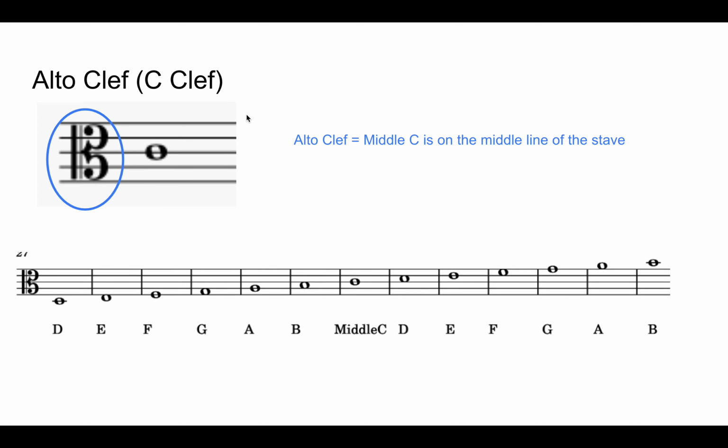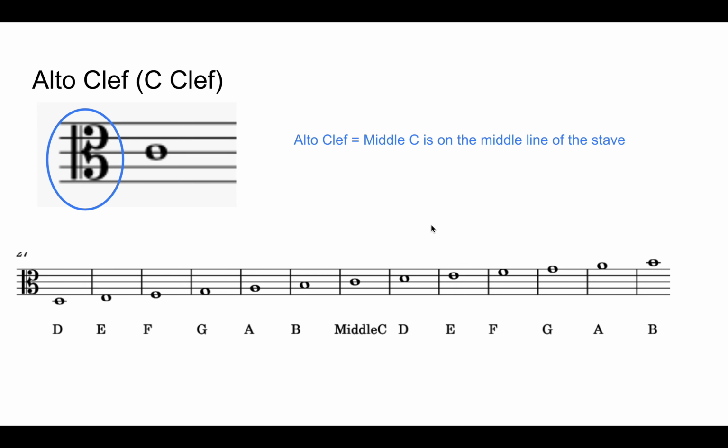It's otherwise known as a C clef, and it's because it shows us that middle C is on the middle line of the stave. This note here is middle C, and again we can count up similarly through the stave in lines and spaces. So we've got middle C there, and then D, E, F, G, A, and B counting up, and then B, A, G, F counting down.